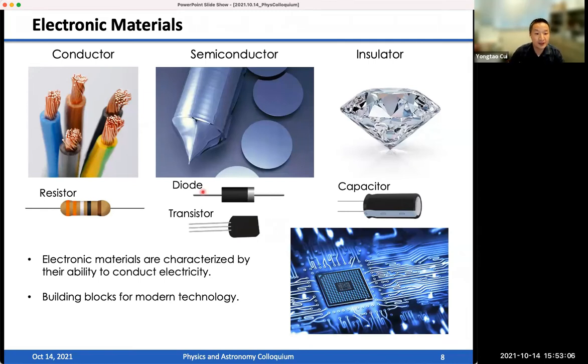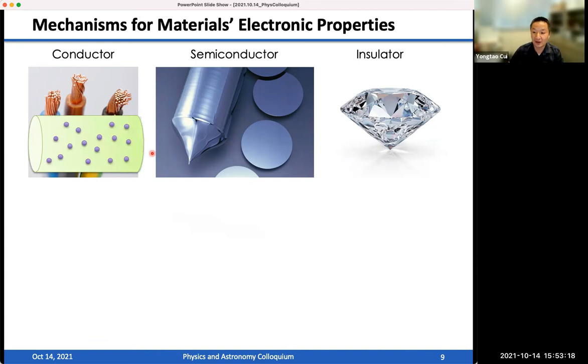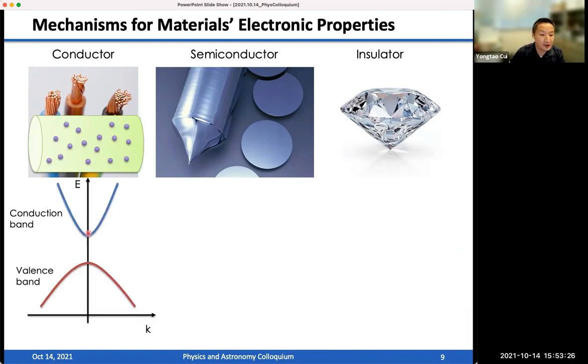Our understanding of electronic properties from the perspective of condensed matter physics is based on a simple theory called the band theory. We know that in the materials there are a lot of electrons. The electronic states of those electrons can be described in terms of their energy relation with respect to the momentum.